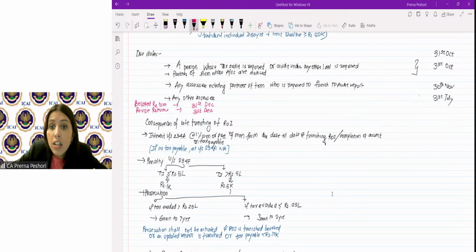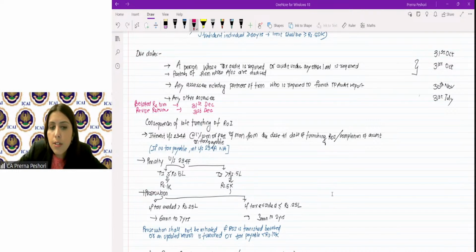Can you revise the belated return? Yes. Can you revise the belated return as well? Yes or no, students? So you can revise the normal return or the returns which are furnished by the charitable trust. But can you revise the belated return? Yes or no?